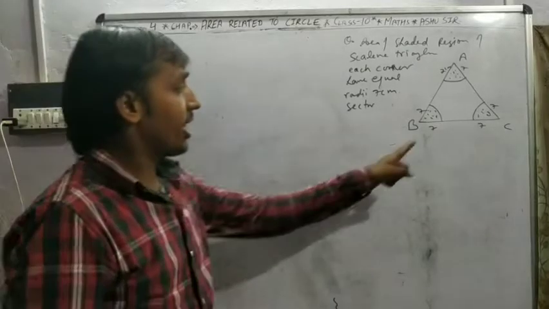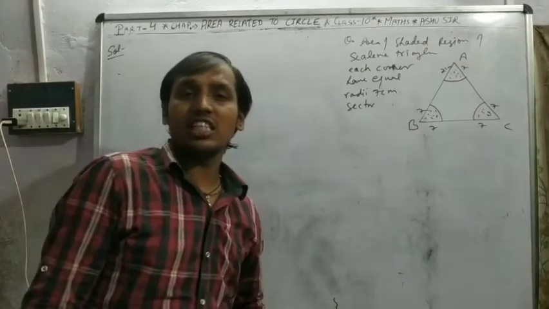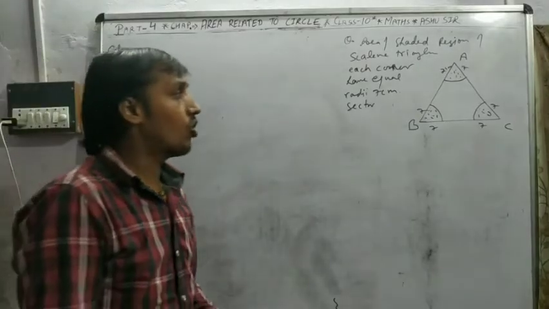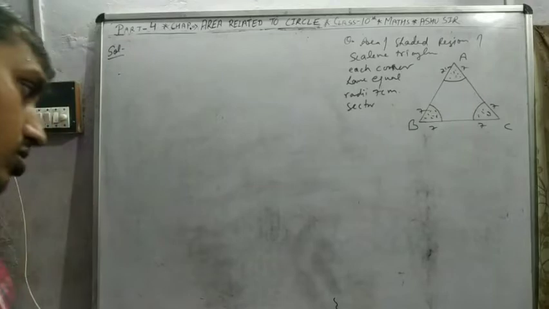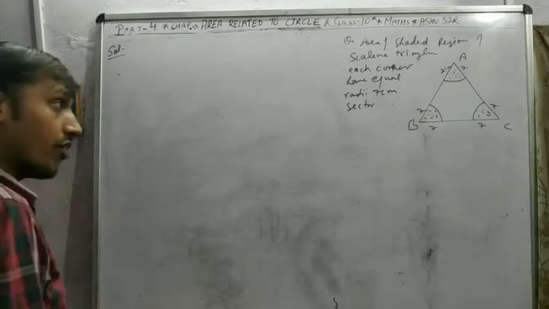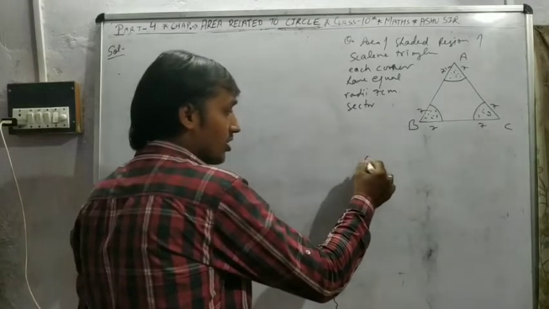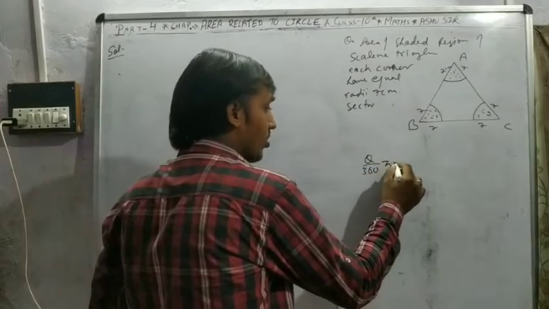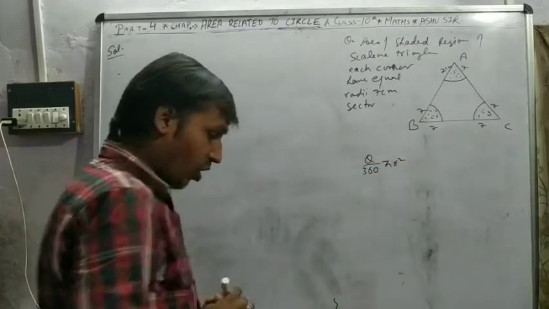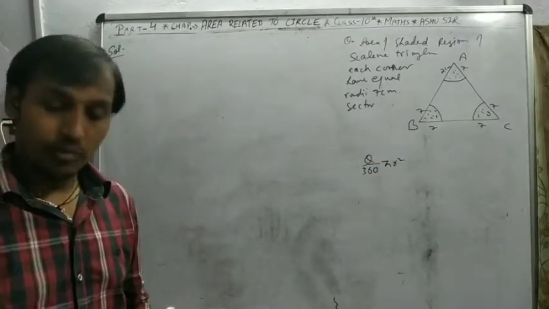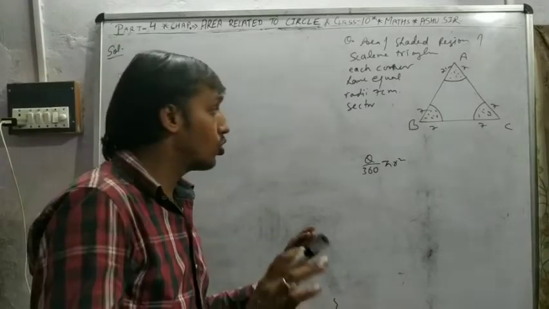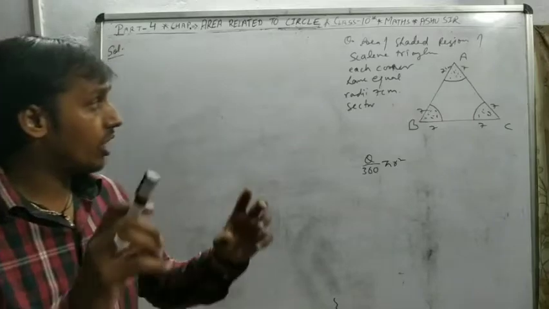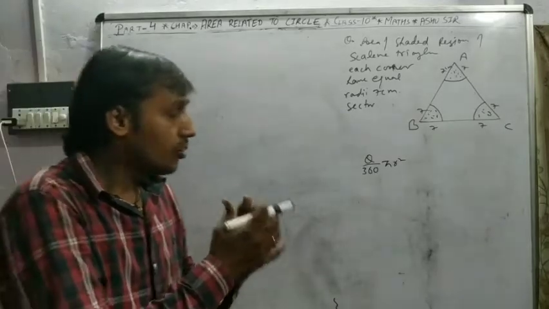We want to find the area of the shaded region. In this figure there is a scalene triangle, and each corner has a sector with radius 7 centimeters. So you know the formula to find a sector: theta upon 360 pi r square. But here theta is not given, so don't be upset or demoralized.